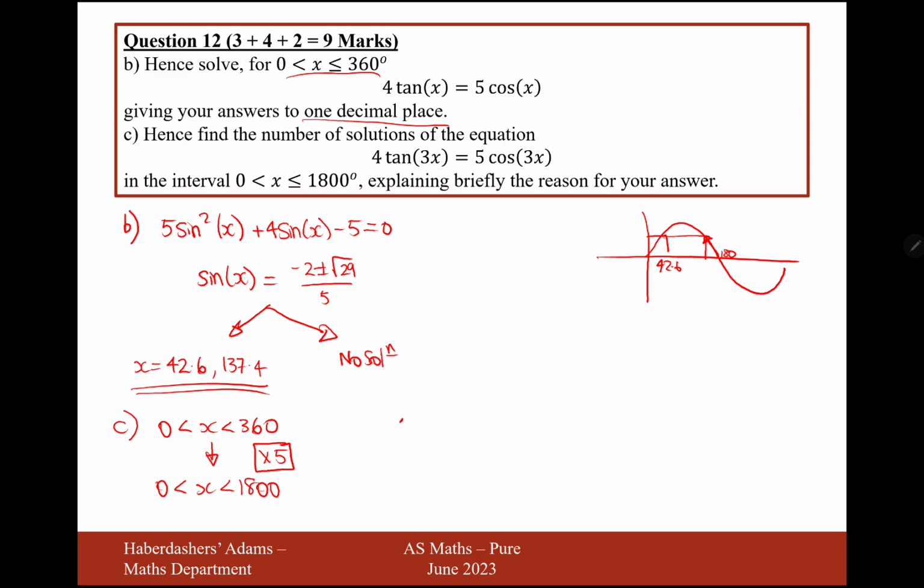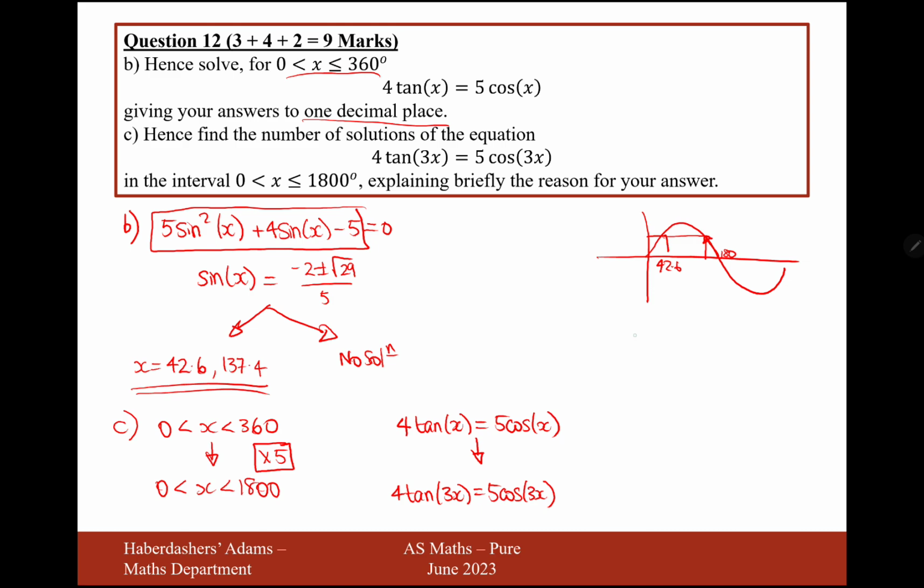Also, as we move from 4 tan x equals 5 cos x to 4 tan 3x equals 5 cos 3x, the graph of this whole question, or if we were to graph this function here, would squish in by a factor of 3.